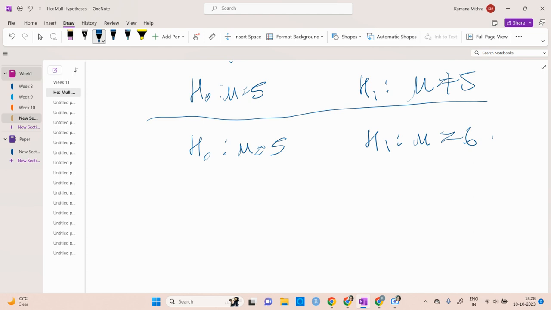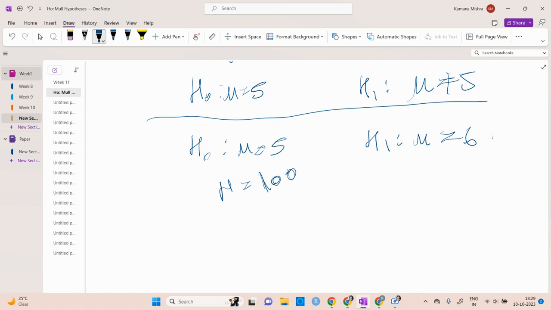So it may happen that we have data with, let's say, n equal to 100. If we have a sample size of 100, and the mean of the sample is the same as the mean of the population, then this will be 5 according to the null, and this will be 6, but the variance will be different in both cases, right?